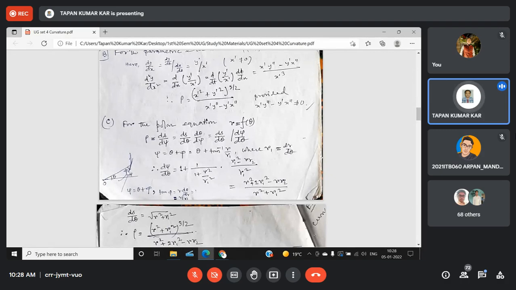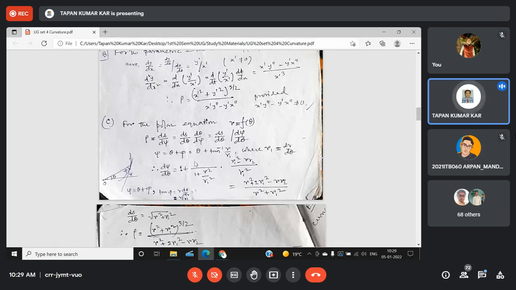So psi equal to theta plus phi, and tan phi equal to r d theta by dr. It is a long calculation, so I am not giving the derivation of tan phi equal to r d theta by dr. Rather, you must remember it: tan phi equal to r d theta by dr, or r by r1, where r1 equals dr/dtheta.